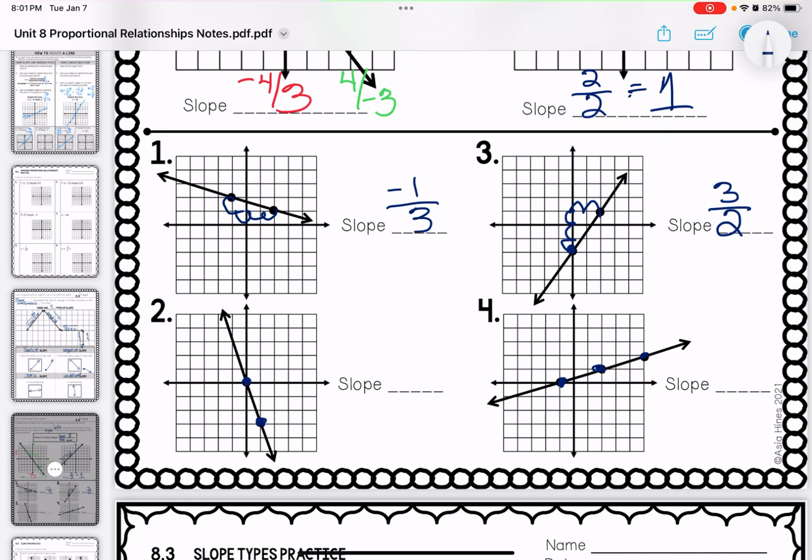So if this is point A, and this one is point B, so from point A to B, are you going to go up or down? And then once you go down, are you going to go left or right? So what I got was, I'll give you another 10 seconds.